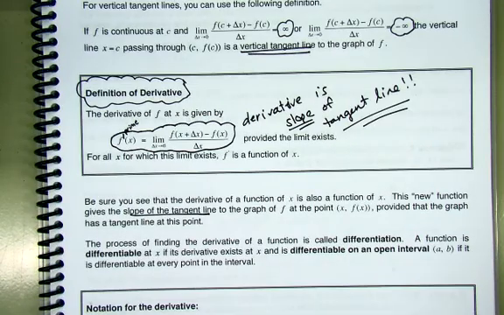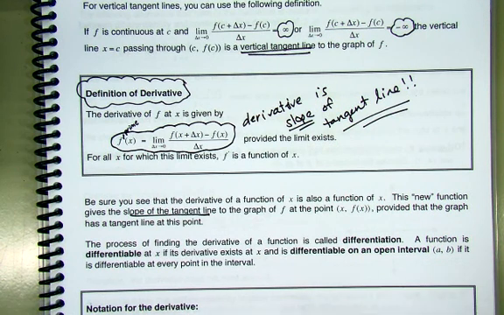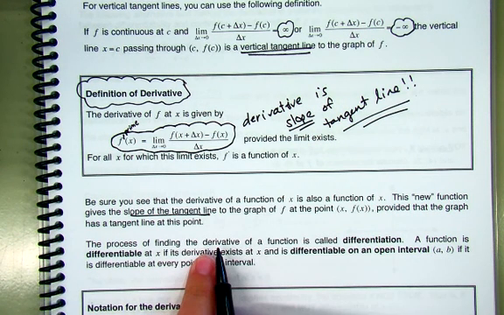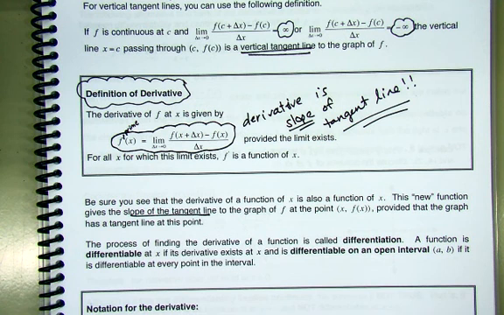This next part is just about terminology, you guys. The process of finding the derivative, we don't say derivate. That's not a word. I just made that up. You can say derive, like you could derive some formula or theory, but that doesn't go to derivative.